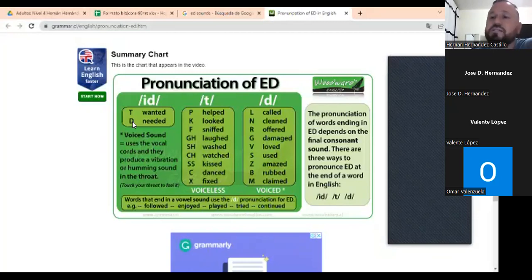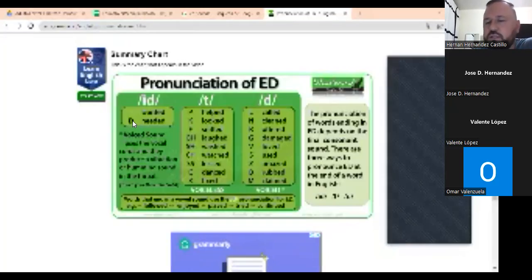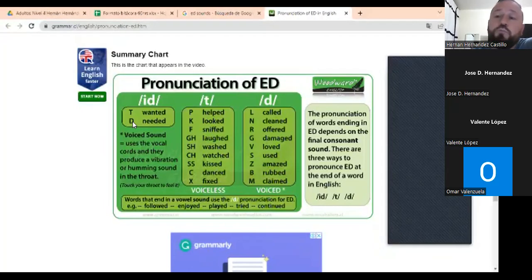It's a T sound. But the first is develop. Yes, the word when it's in the present form is develop. But when you put it in the past, with ed, that's when you change it to developed.